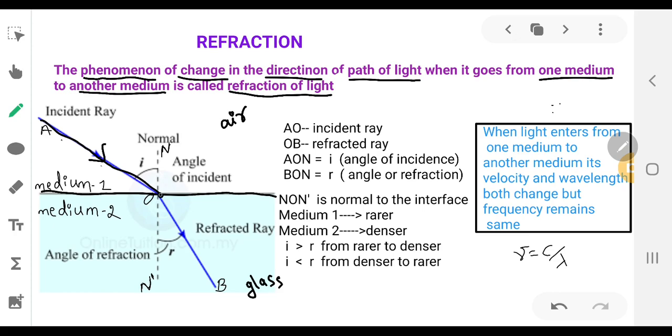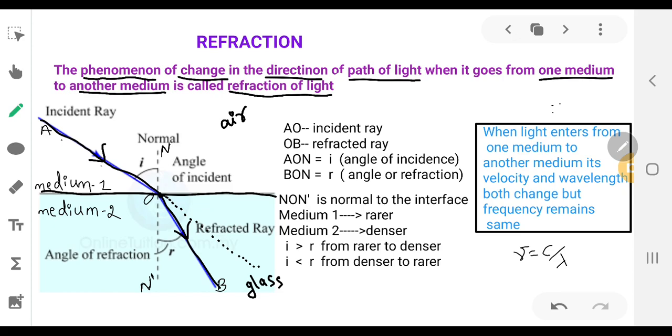So then what happens? The light passes into the second medium. See, when it is entering into the second medium, it is changing its direction. Initially this was the direction of light. When it has entered into the other medium, it has changed its direction.